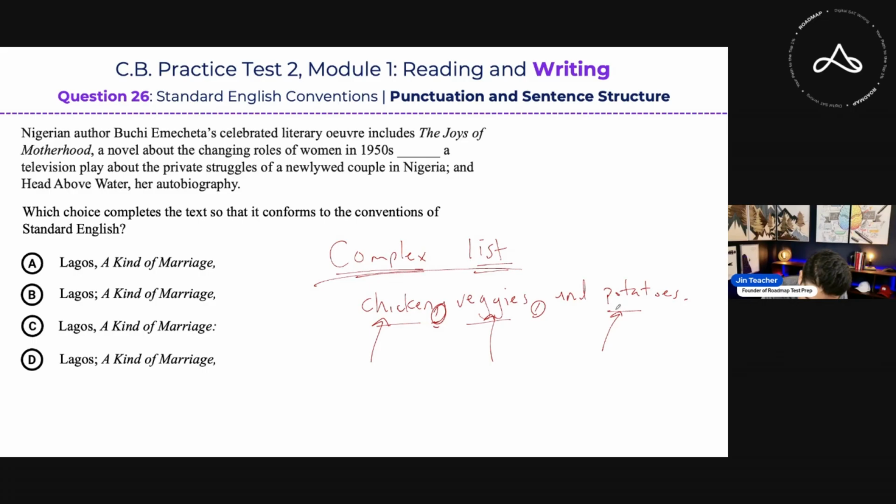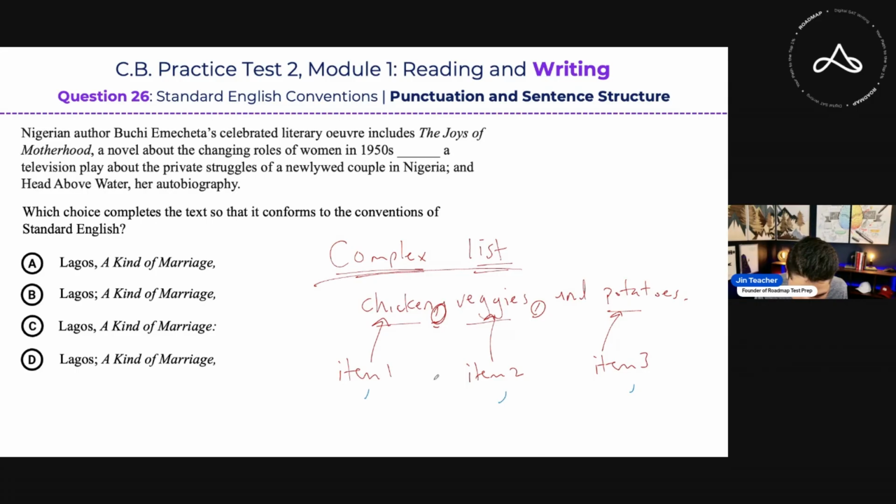Each item, item 1, item 2, item 3, is basically when we use commas within item 1, when we have a comma within item 2, and when we have a comma within item 3.